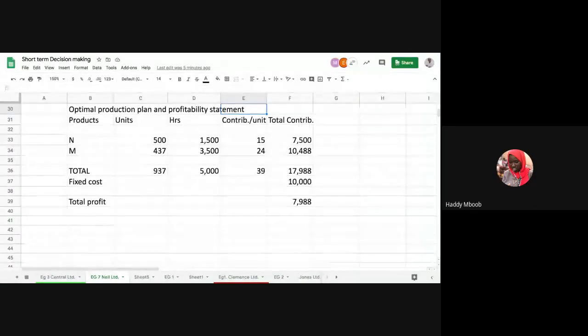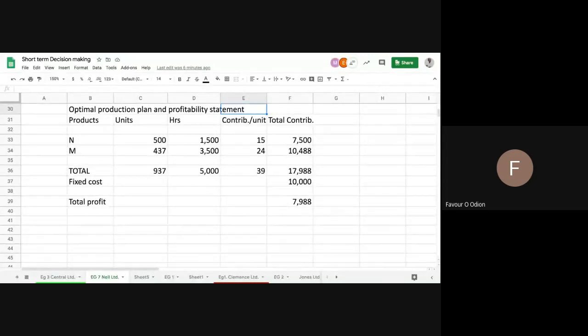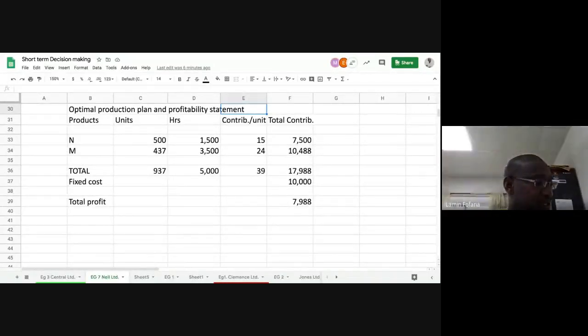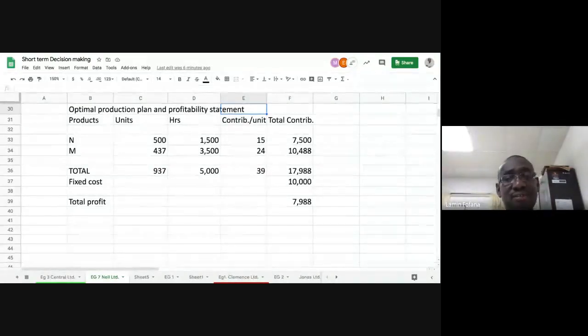We can outsource the part that we cannot make to another company to make, and then supply it to our customer. Exactly. So in the case of product M, we get 437 made in-house, and whatever remains, we outsource. That's exactly what we're coming to do.